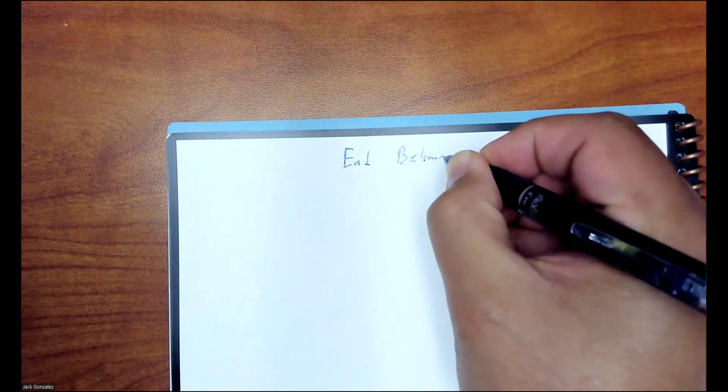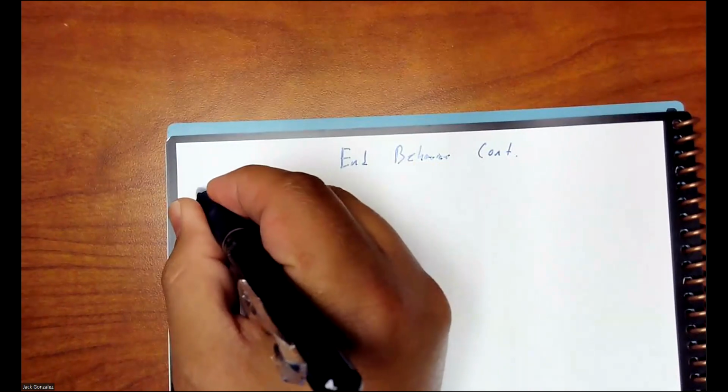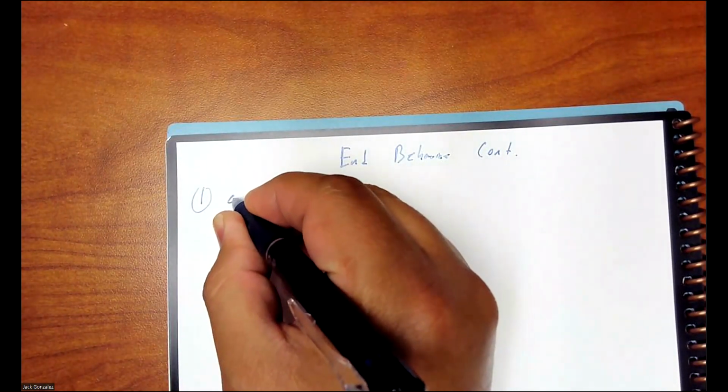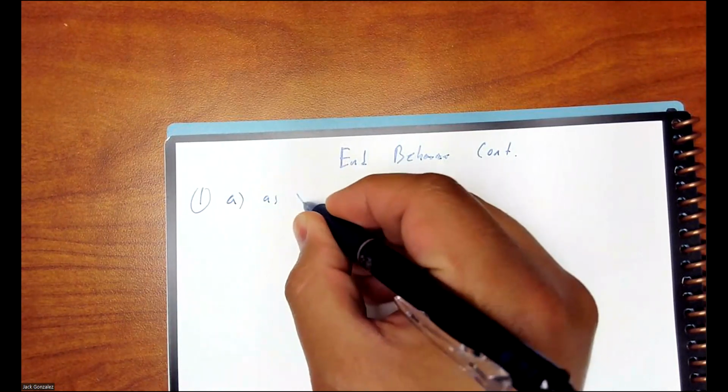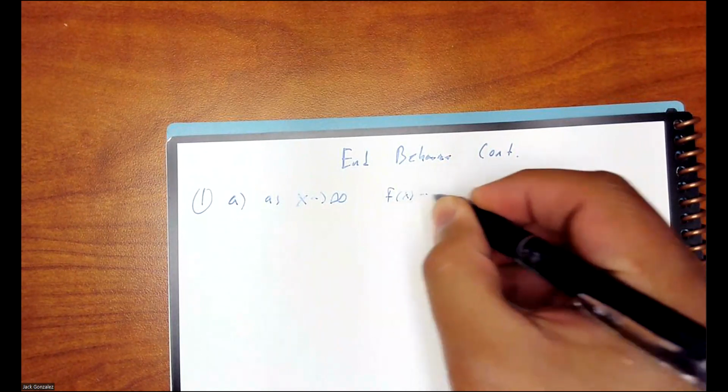End behavior continued. For number one, let's call it part A. As x goes to infinity, f goes to infinity.